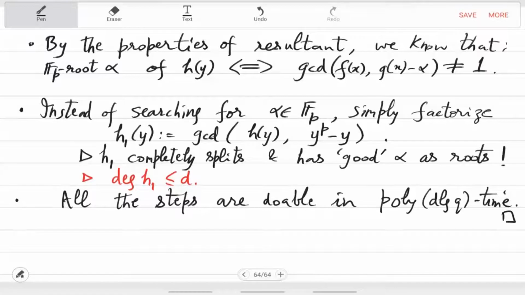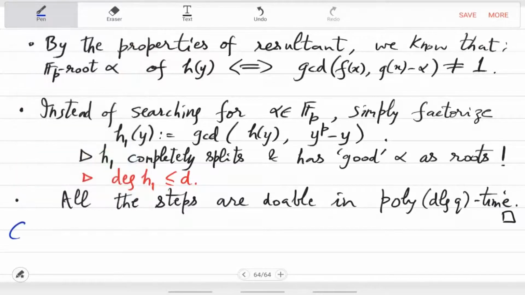So nobody says that H1 is degree 1 or more. H1 may just be 1. No factorization happens. In fact, because of this reason, degree of H and H1 will differ. Yeah, those things are dependent on F. So we are only giving upper bounds here.